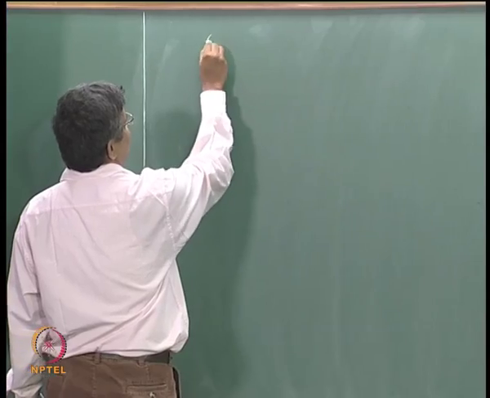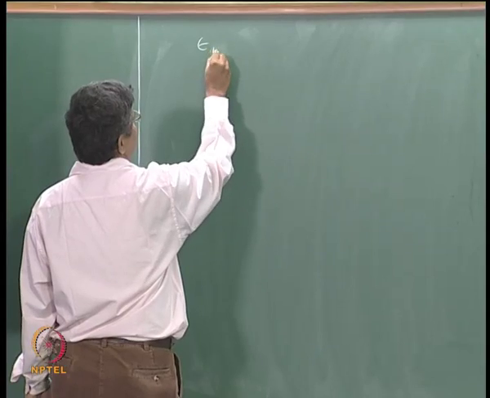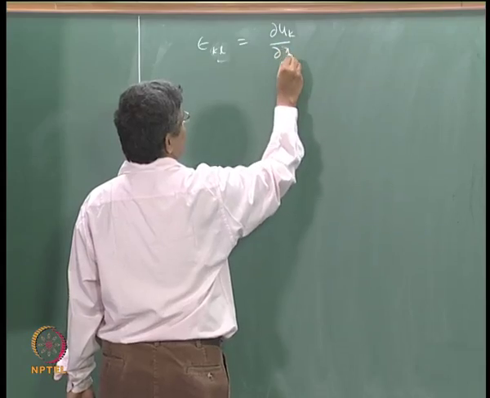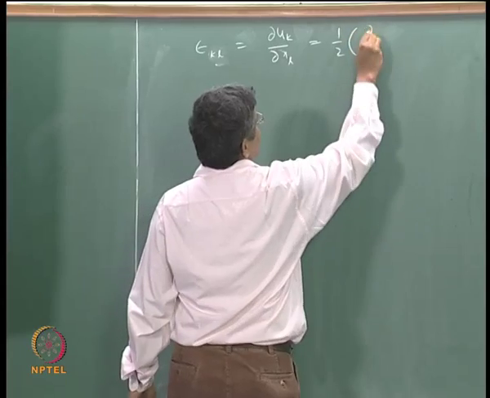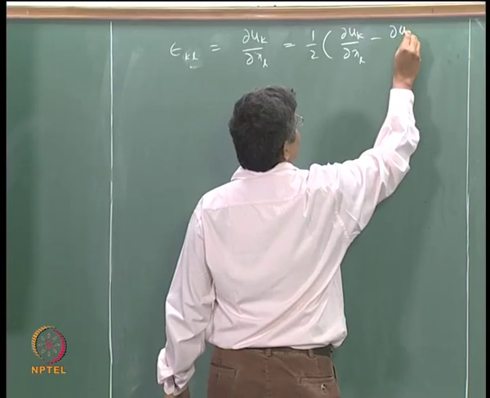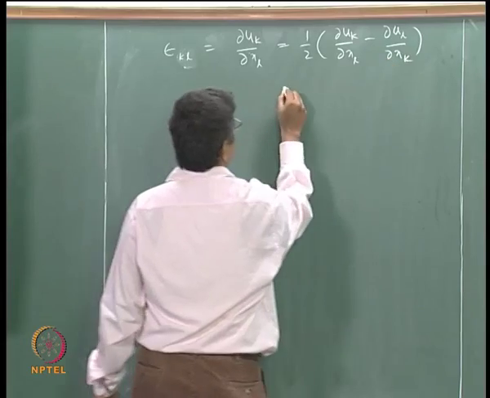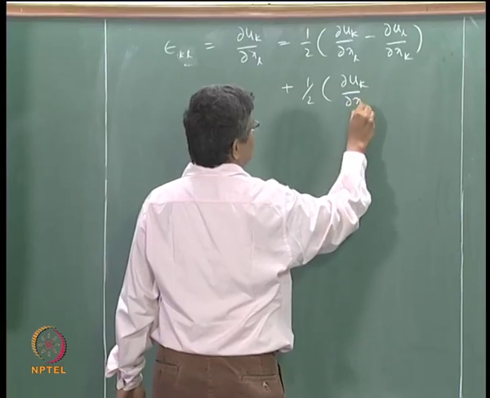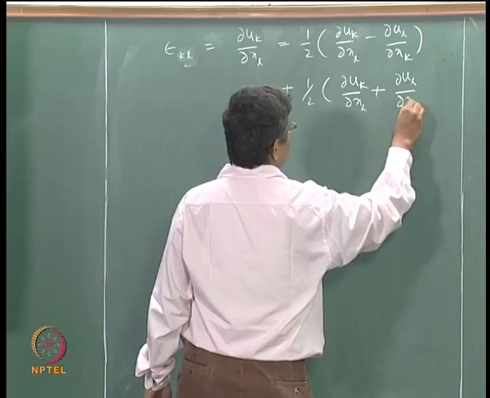You can write epsilon kl as dou uk by dou xl, and we can also write this as half of dou uk by dou xl minus dou ul by dou xk, plus half of dou uk by dou xl plus dou ul by dou xk.